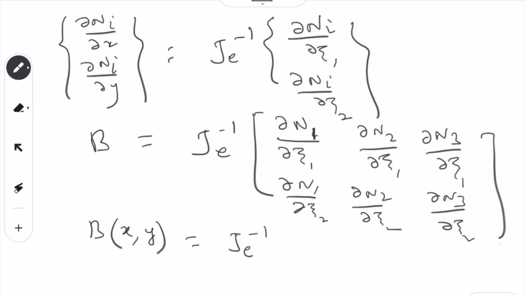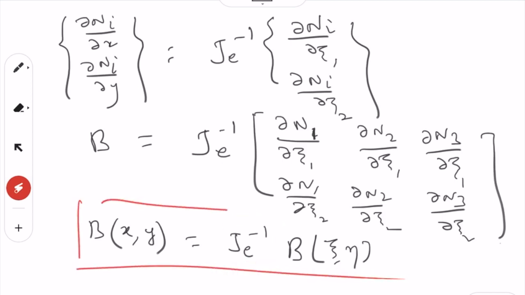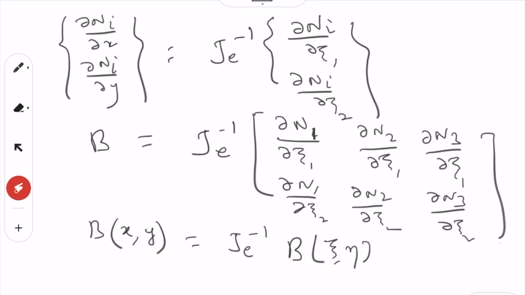Then we have B, which is a function of xi, eta. So, there are two kinds of B. B, del n over del x system, will be equal to J inverse times this one. This is how our representation is, and we have to put that back there.